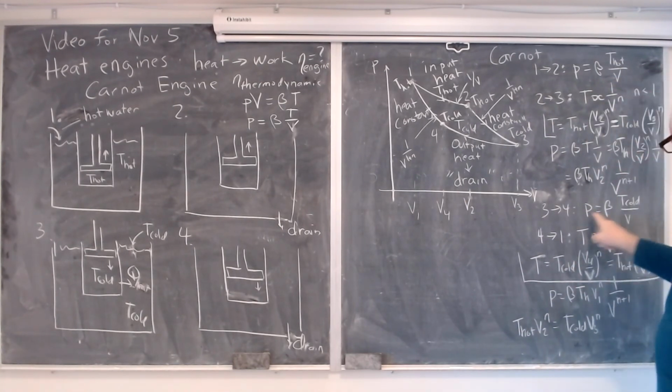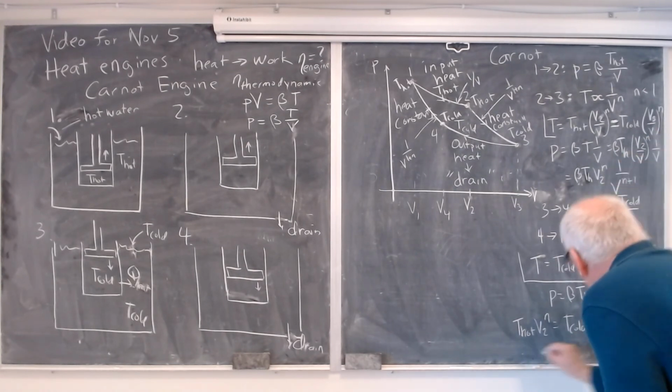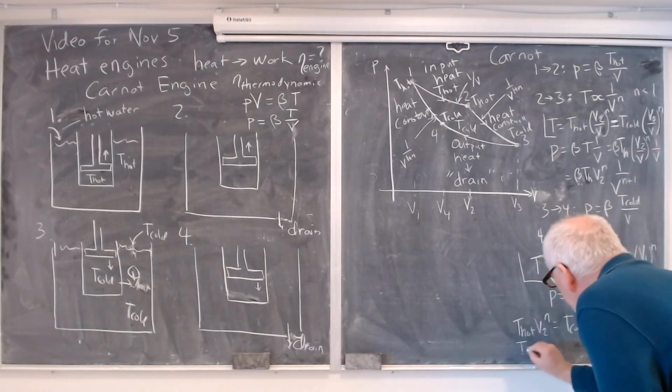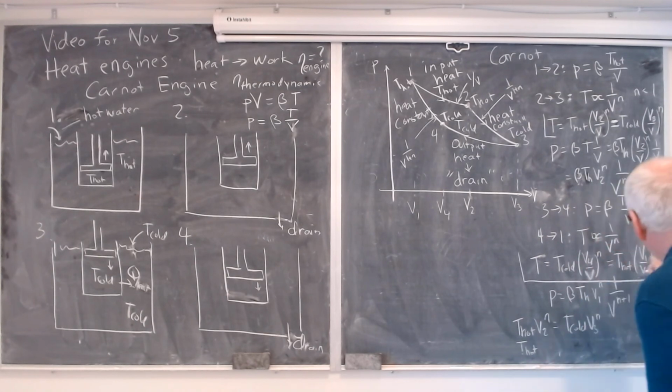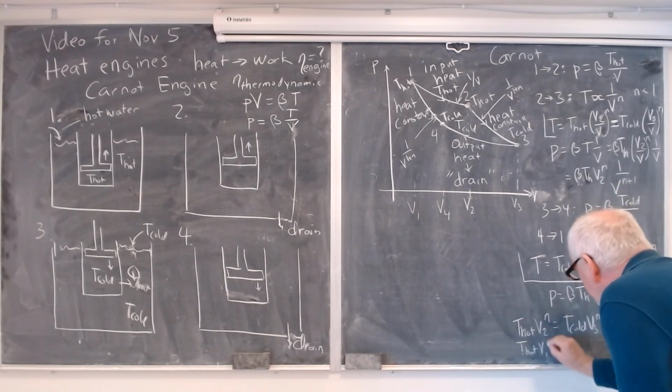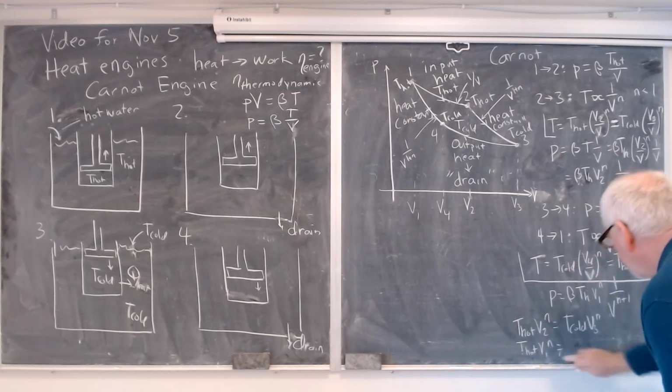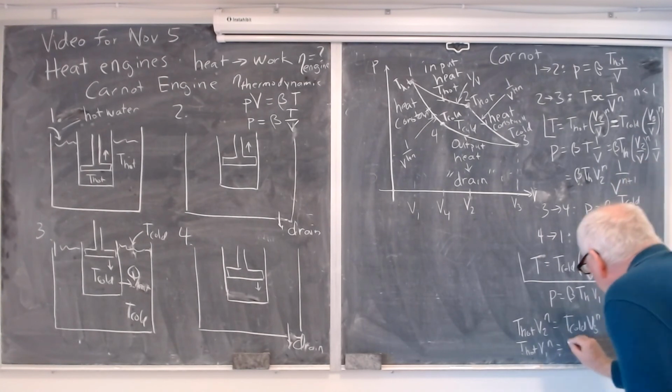And then from 4 to 1, I have, I'll write it this way, T hot V1 to the N is equal to T cold V4 to the N.